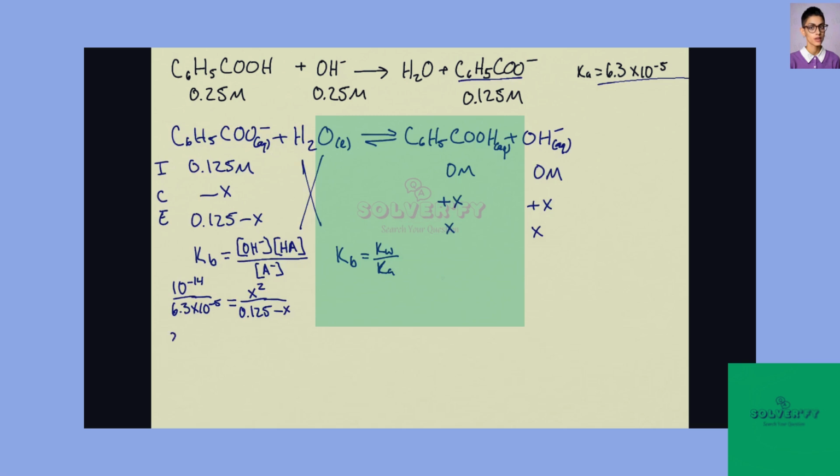Simplifying this, we get 2.22 times 10 to the negative 10th equals x squared over 0.125 minus x.